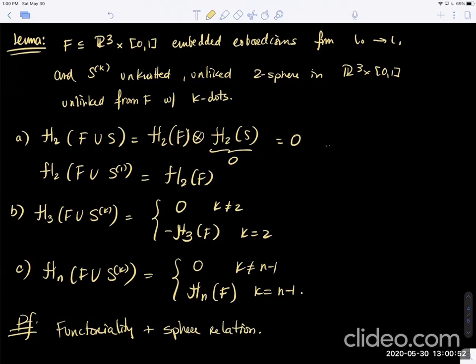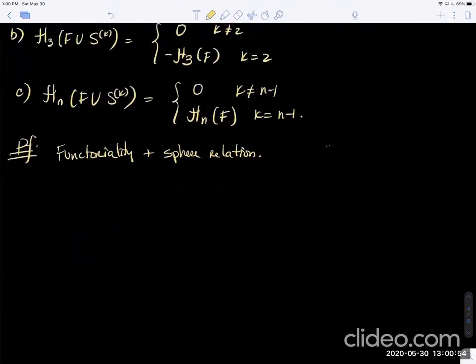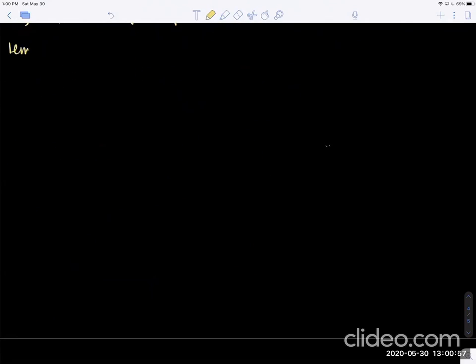Okay, great. What other thing do we need to know? Once we have this fact, we need another fact in order to actually be able to prove our theorem. So let's do another lemma. Suppose we start again with some F, some sort of embedded cobordism, same construction as before. But now, instead of considering spheres, we're going to add handles to it.